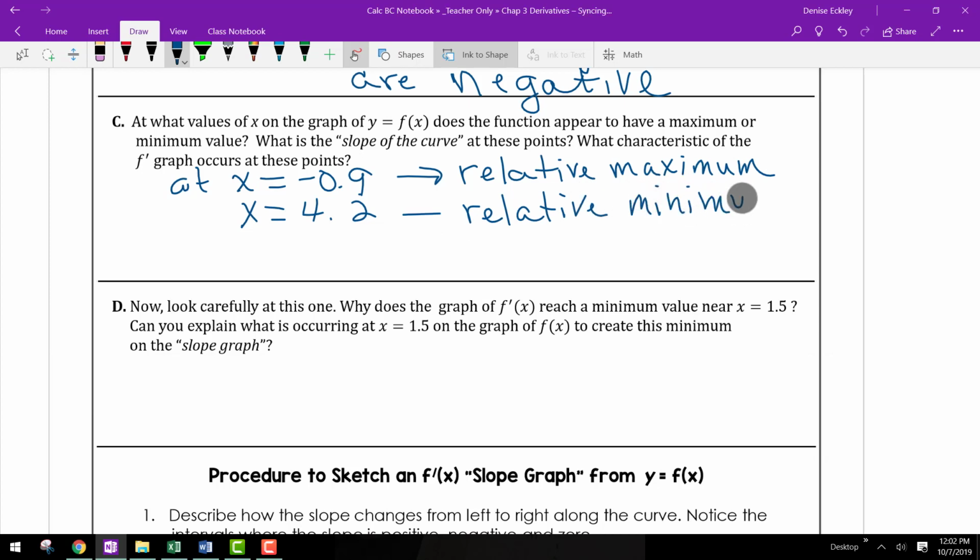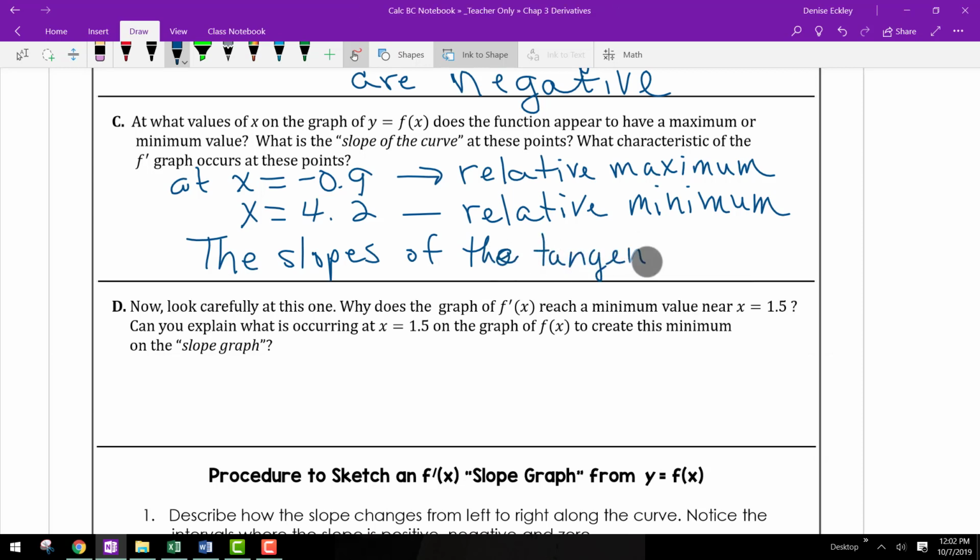And what can we say about the slope of the curve? The slope is 0 at those two points. So the slopes of the tangent lines are 0.